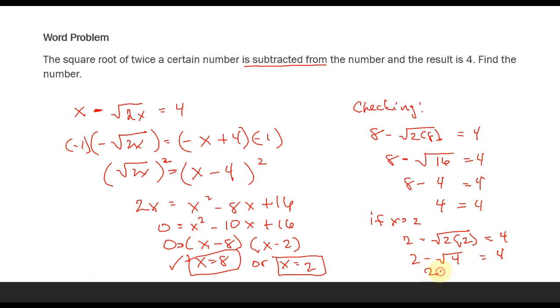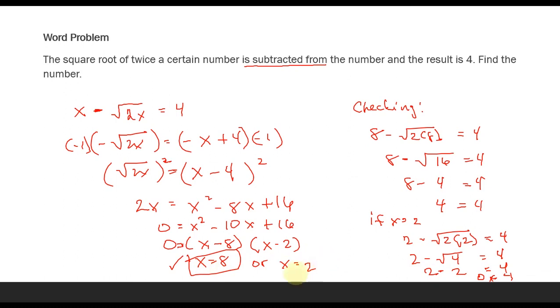And then 2 minus 2 is 0. So that is 0 equals 4. And since 0 is not equal to 4, our answer is x equals 8.